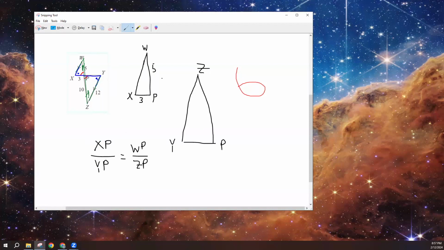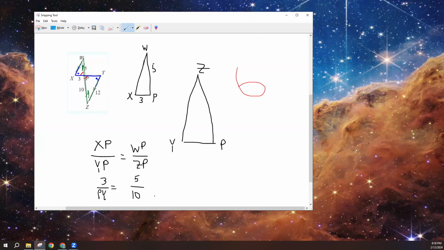So if XP is 3, so that's going to be 3 over, I'm going to change that to PY. And then we know that WP is 5. So we've got a value for that. And then ZP is 10.